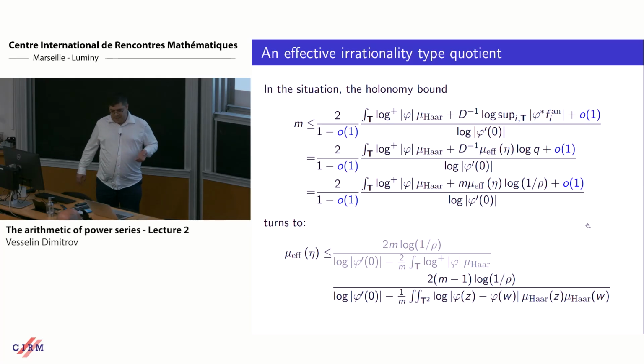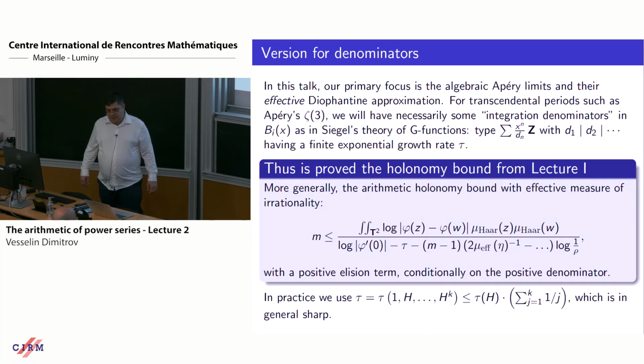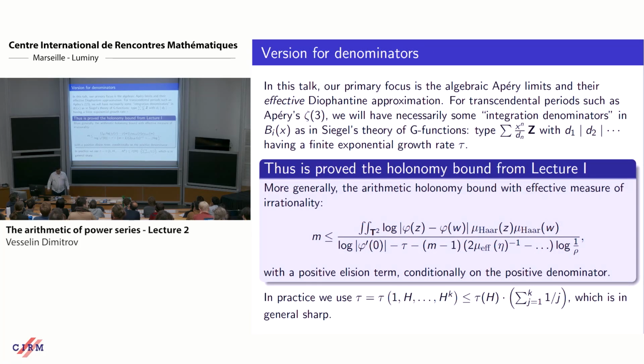I should say that we have a new paper more recently from this fall on the arXiv called arithmetic holonomy bounds and effective Diophantine approximation, where at least some details of the arguments are supplied. This is the statement that Yunqing had in her talk, where there is an extra term, which is an improvement, which I don't include here, but it is positive.